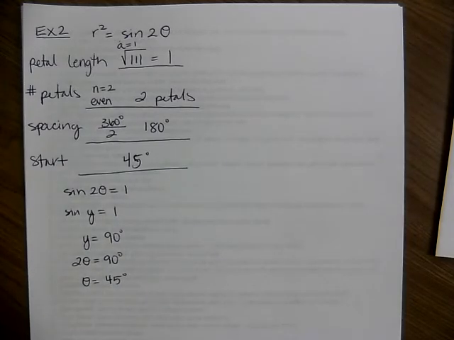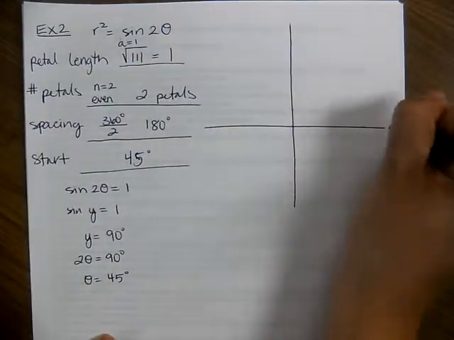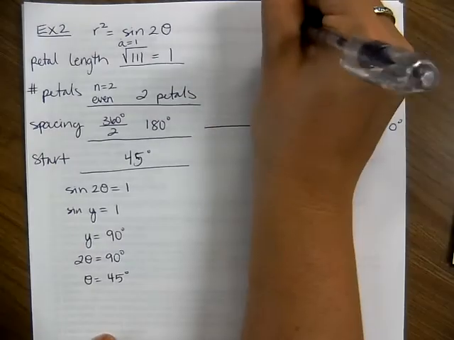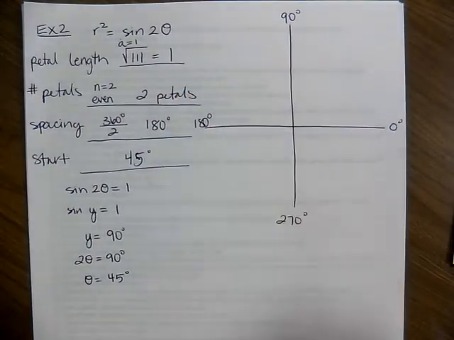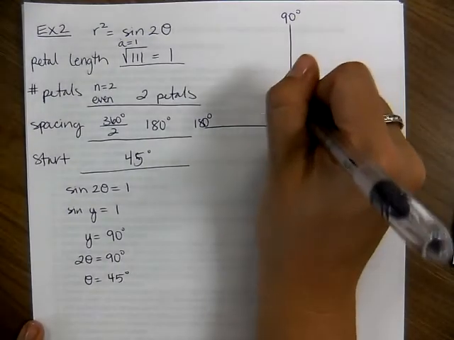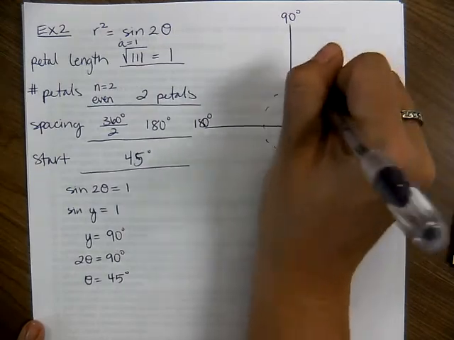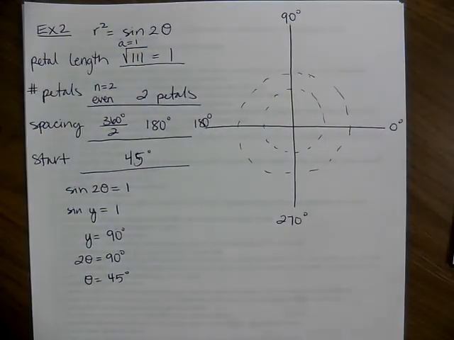All right. You ready for the graph? So 0 degrees, 90, 180, 270. Okay, so imagine those circles going around. I'll just draw them in here. Okay, here's our concentric circles forming that polar graph.